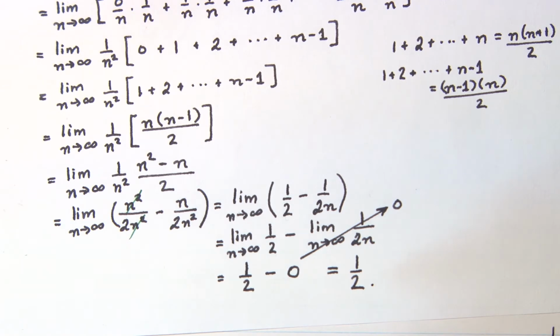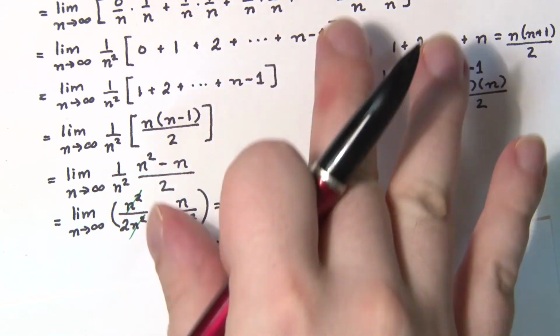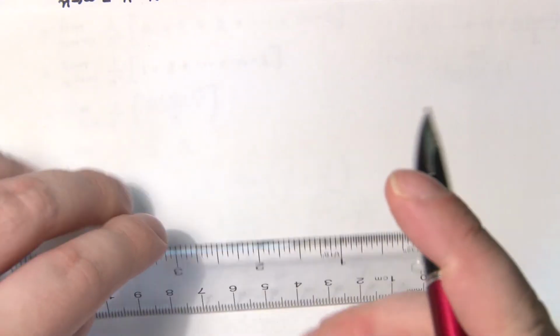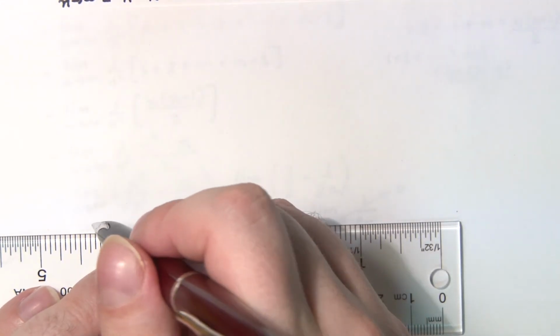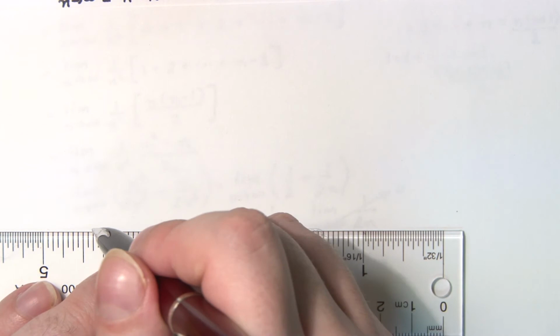Now you might be thinking, wow, that was a lot of work to show what I already know for the area of a triangle. Yes, that's true. But the question then that I have to ask you is, what if you have a different kind of curve?